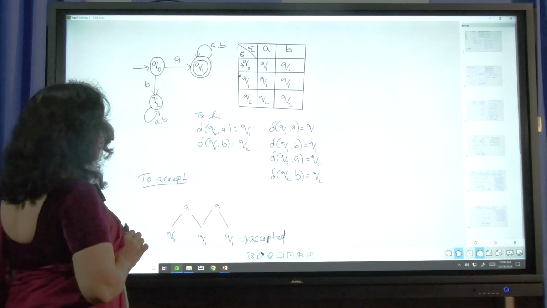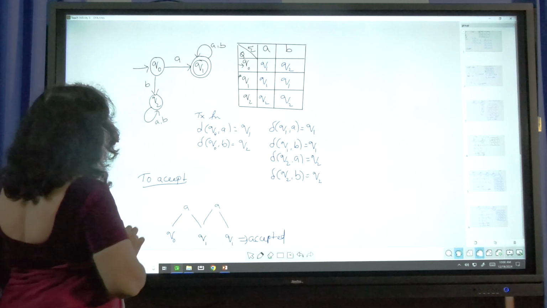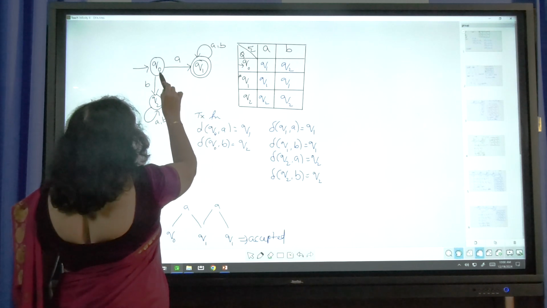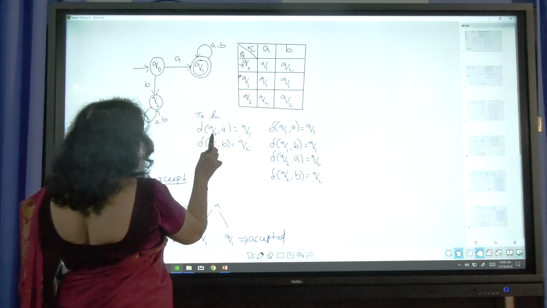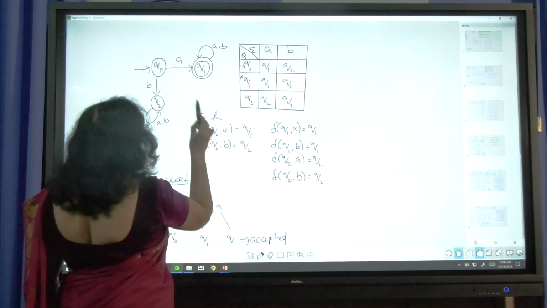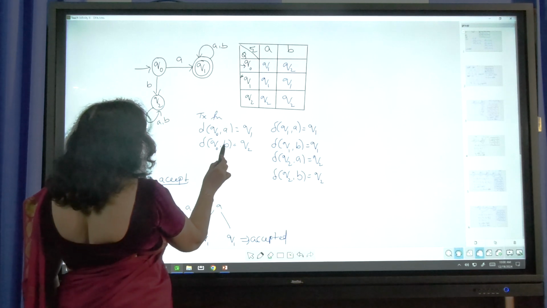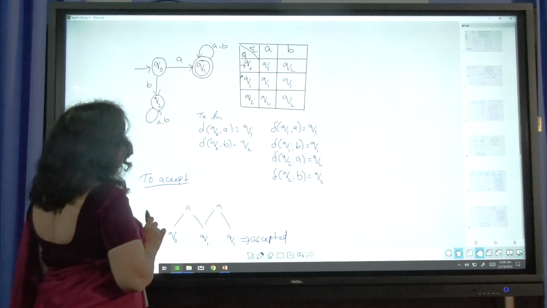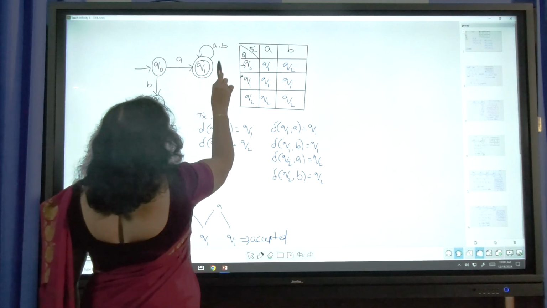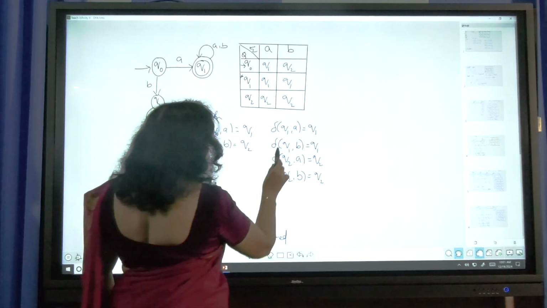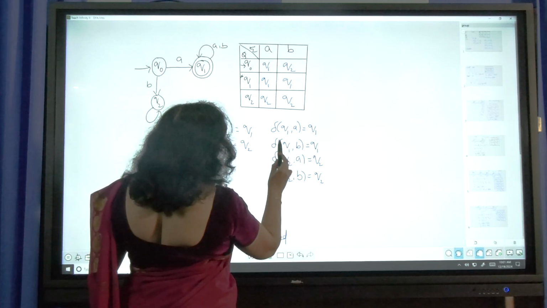The same can be written as a transition function. So this is the transition function. Q naught on A goes to Q1. Q naught on B goes to Q2. Q1 on A is Q1.